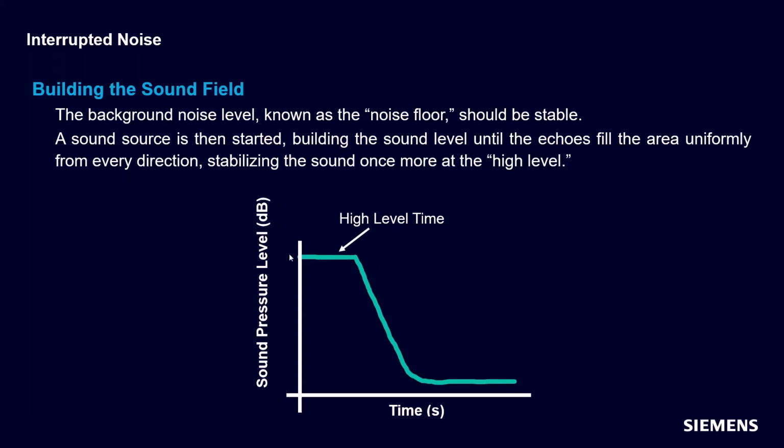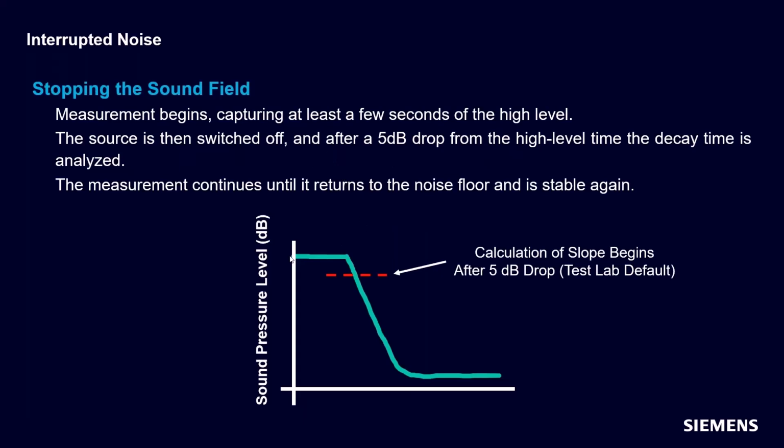And then once we are happy with this high level time, we will cut the sound source. So we'll switch it off. And then that sound level will start to decay in the room. In practice, when we're actually measuring this in Testlab and analyzing reverberation time in Testlab, we will wait for a 5 dB drop after this high level time just to ensure that we're not capturing any weird artifacts at the end of this high level time when we're measuring the slope.